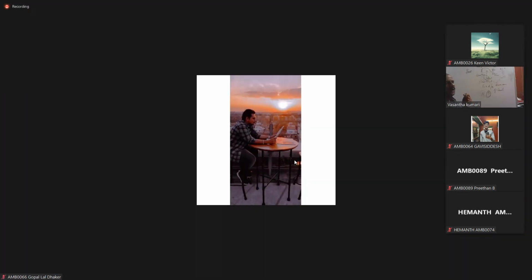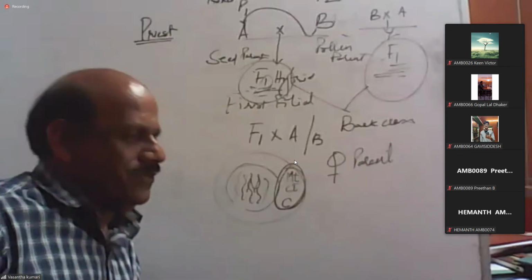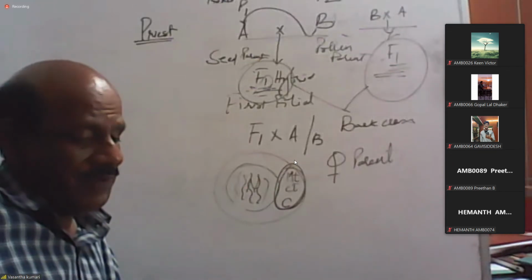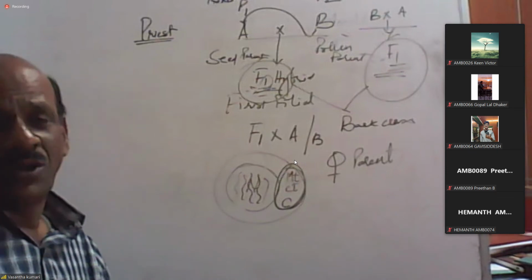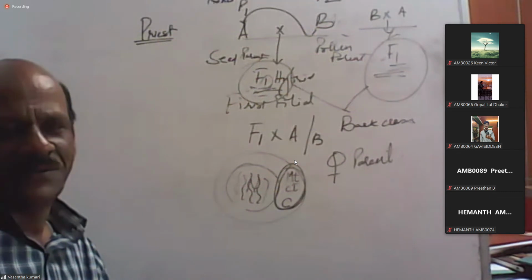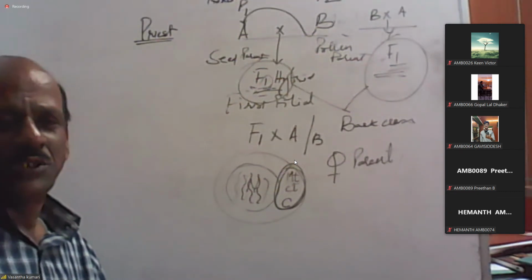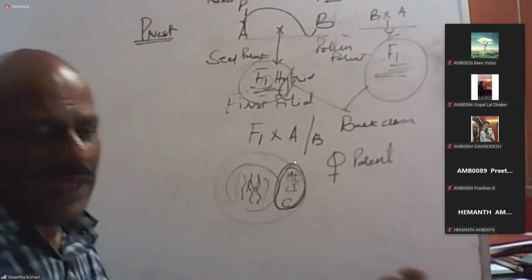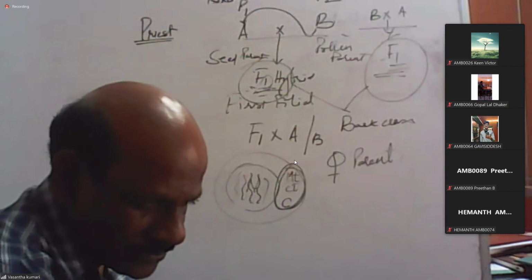Genotype, sir. Okay, you said genotype, you determine the genotype. But I'm telling you, the very purpose of performing a back cross or a test cross is to phenotype the gametes. Truly speaking, when you hold an egg or a pollen, can you tell what kind of gene it carries?